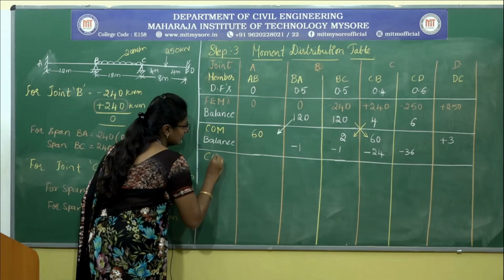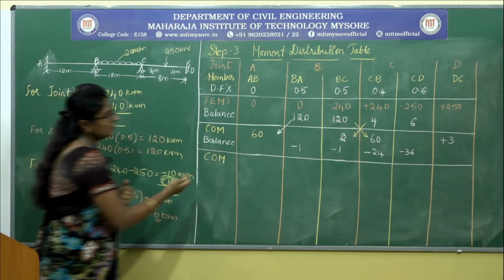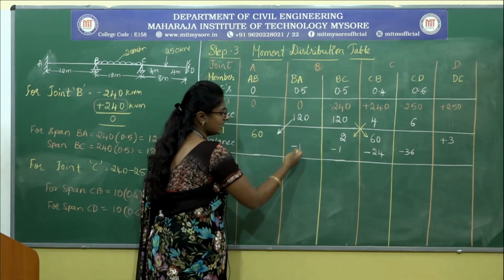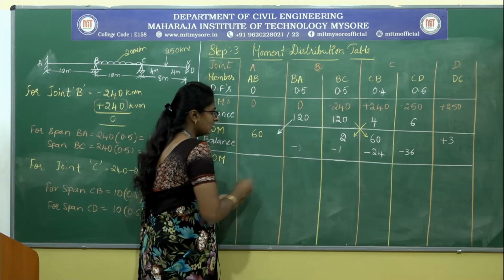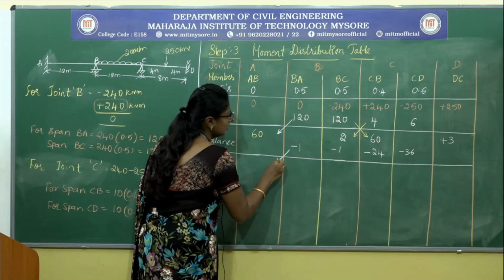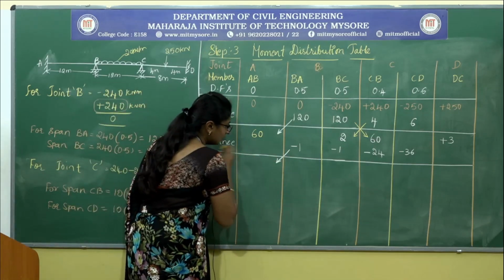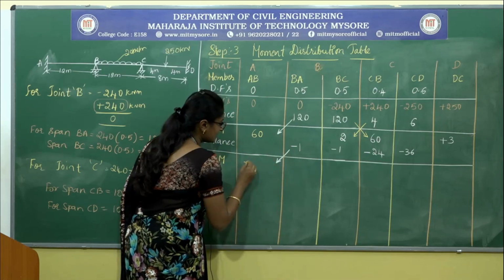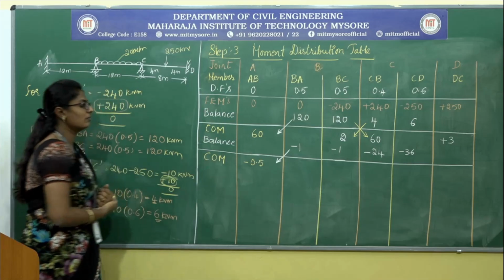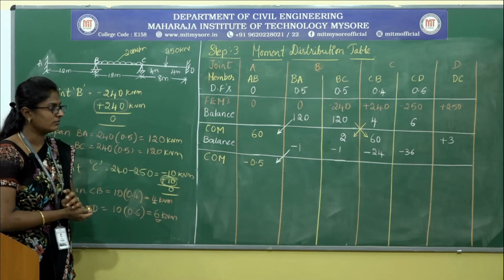Next, carry over moment. The moment applied at BA is -1, right? Half of the moment is transferred to the other end. Since the end is fixed and the direction is negative, the carried over moment is also in the negative direction, or in the anti-clockwise direction.